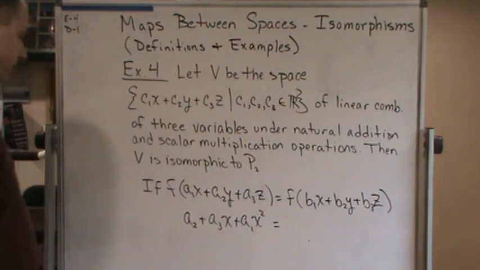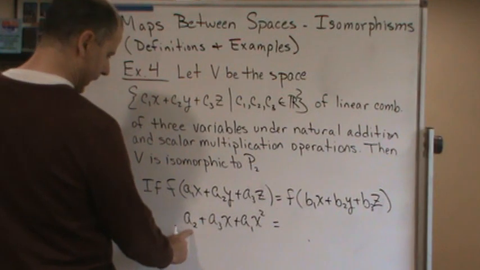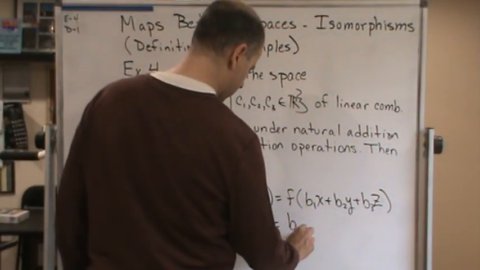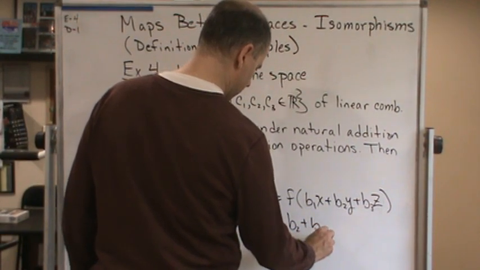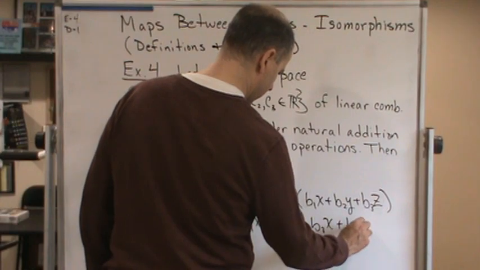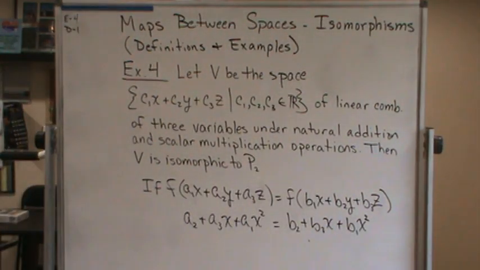That's what I wanted to start with. Sorry about that. And then the mapping will bring us to this. So a2, a3, and a1, and this will be b2 plus b3x plus b1 x squared. Oh, okay, now that's what we wanted to do.